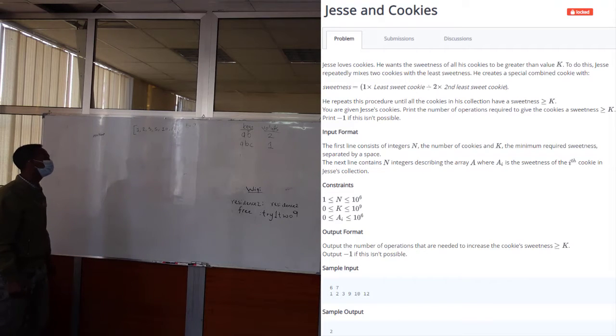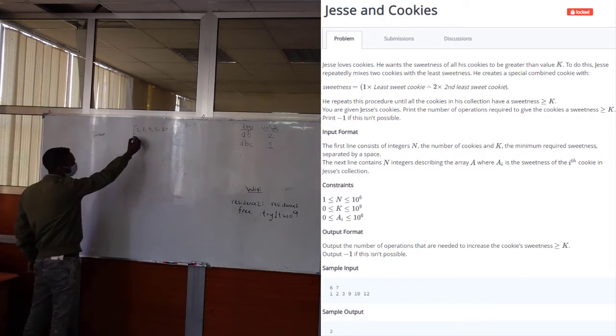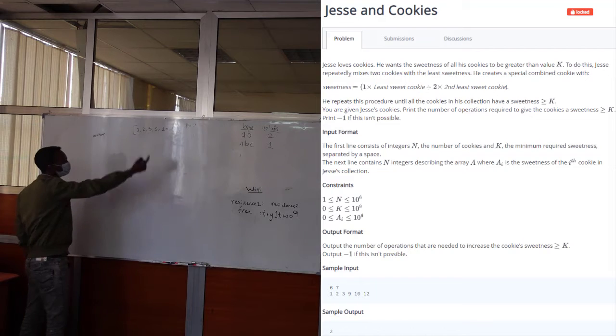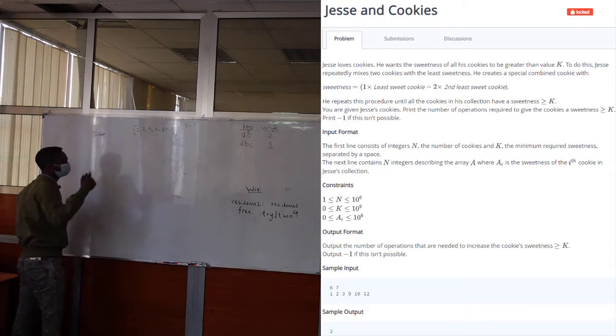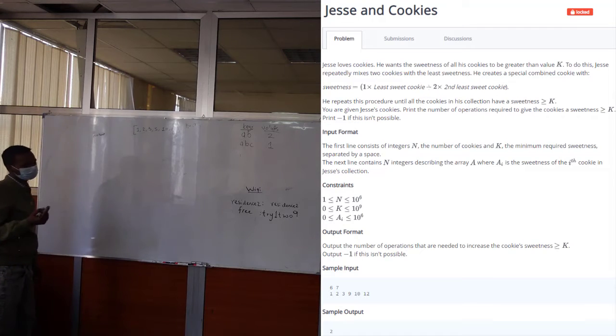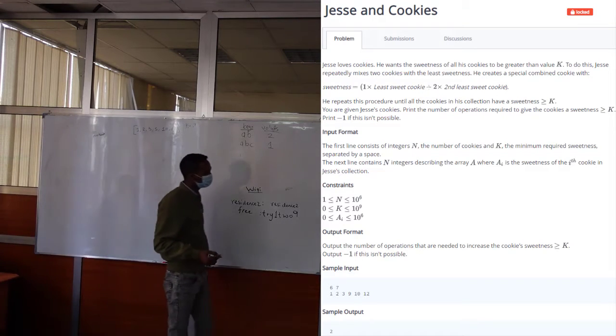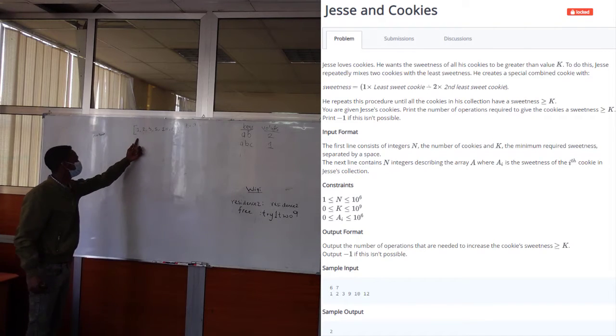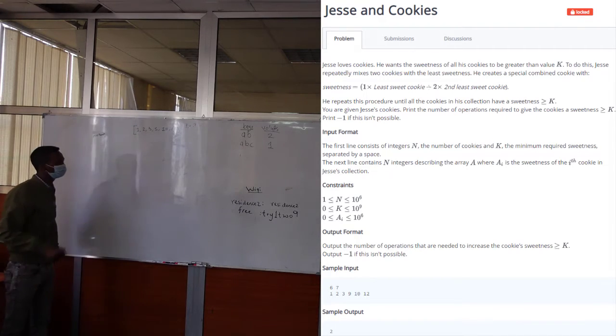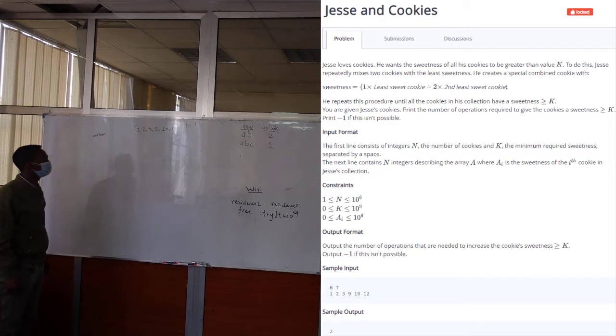What you're supposed to do is get the least sweet cookie and the second least sweet cookie, and add back to the list using the operation of 1 times the first sweet cookie plus twice the second least sweet cookie.